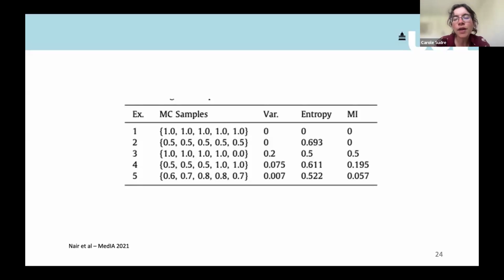So try to think a bit about what variance means and how it relates to the probability itself, and what it means for your uncertainty.